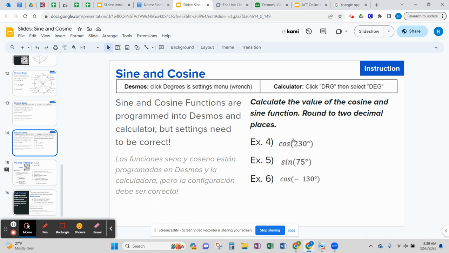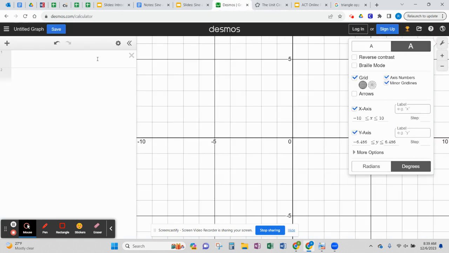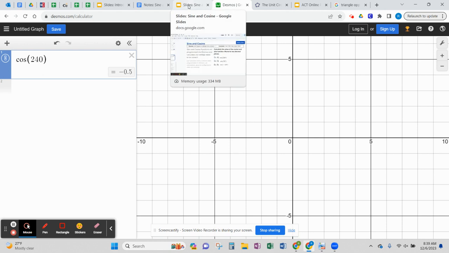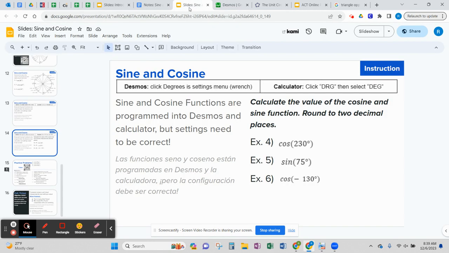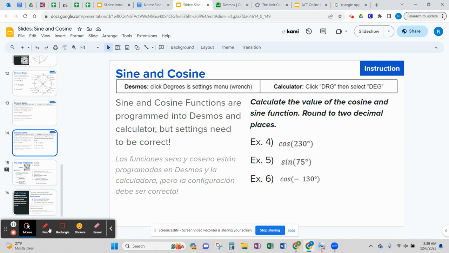For example 4, let's check this out. In Desmos, I have degrees. So all I really need to do is type in the thing I'm looking for, cosine of 240, and we'll see that, hey, that's negative 0.5. Sorry, cosine of 230 is negative 0.64. We're rounding to 2 decimal places here, so it equals negative 0.64.